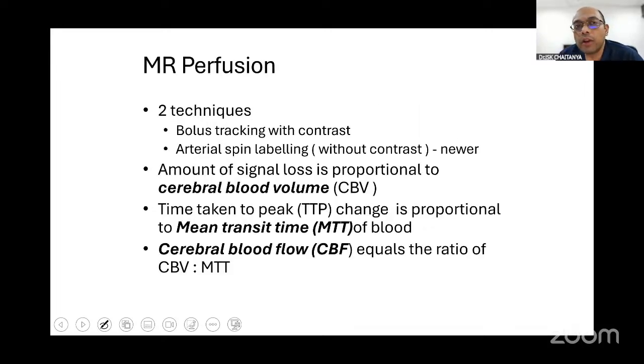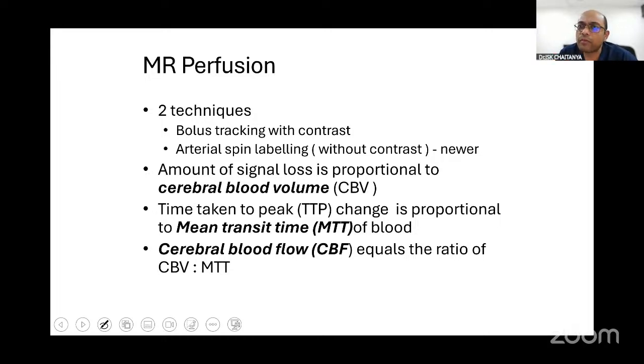Next imaging modality is MR perfusion in acute stroke. As I said, we have dealt with patients who come within the time window by thrombolysis, and patients who require thrombolysis and have large vessel occlusions undergoing thrombectomy.